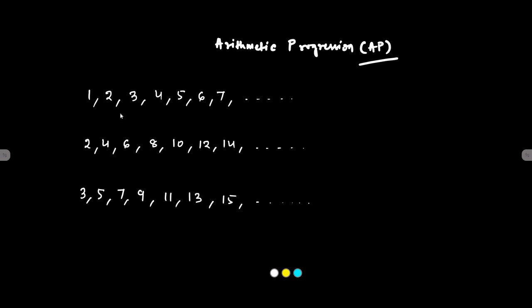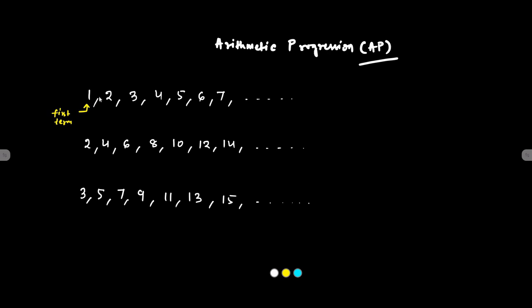Here if you see, in all of these sequences of numbers, in the first sequence this is the first term, and as you can see, each successive term is one greater than the previous term, or each term differs from the preceding term by 1.